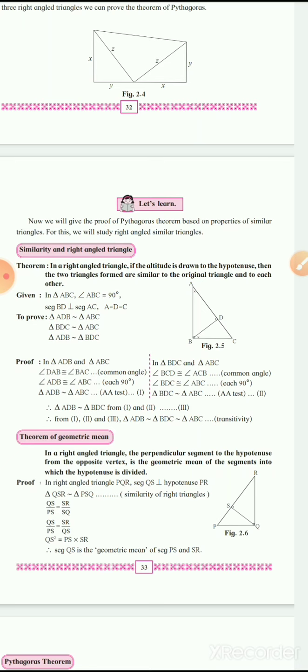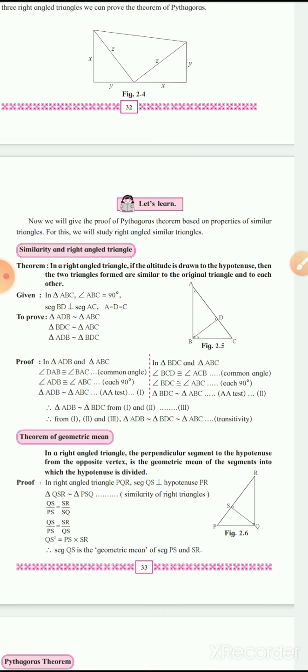So let us see the proof. In right angle triangle PQR, seg QS is perpendicular to hypotenuse PR. So because of the theorem on similarity of right angled triangles, triangle QSR is similar to triangle PSQ.